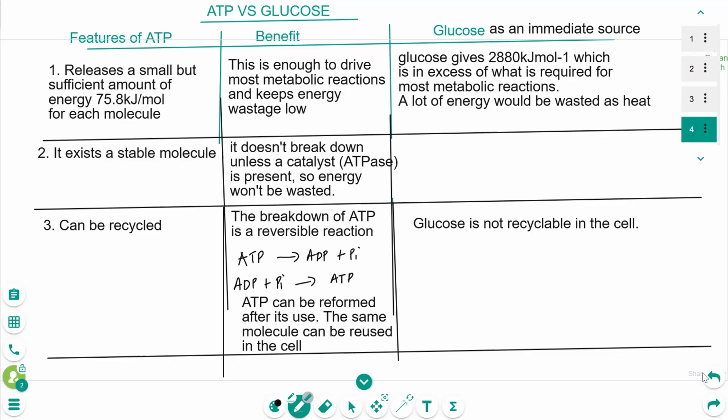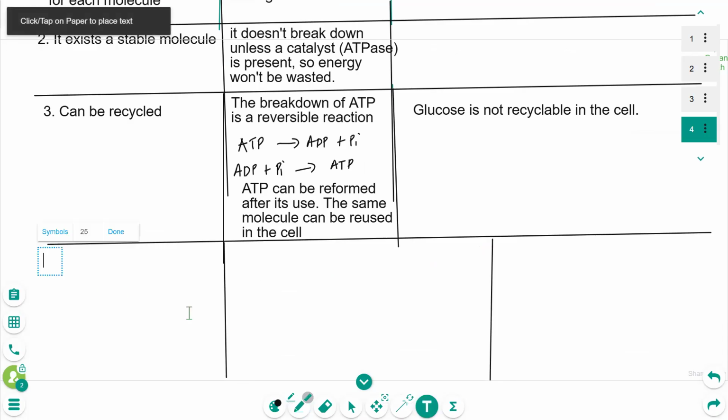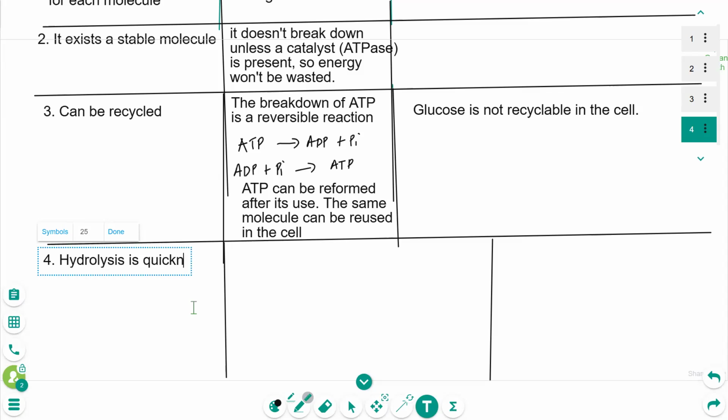So when you want energy from ATP, it's a very quick process. Sorry for the untidy table, but this benefits category should have been bigger than how I drew it. Whenever we need energy from ATP, the hydrolysis is quick and easy.